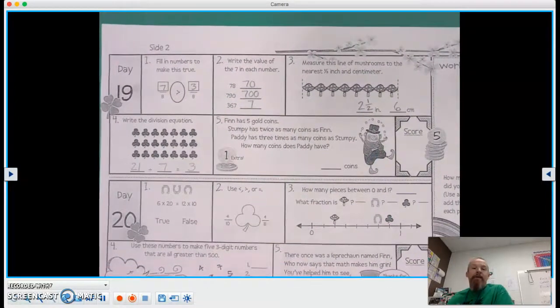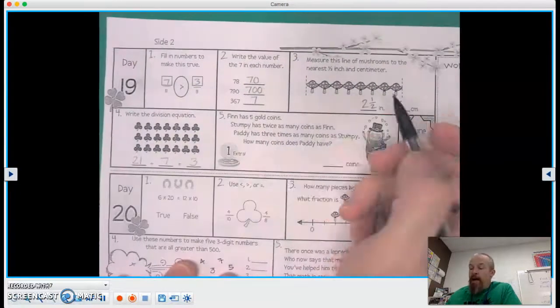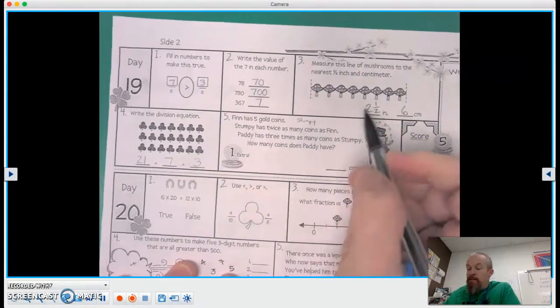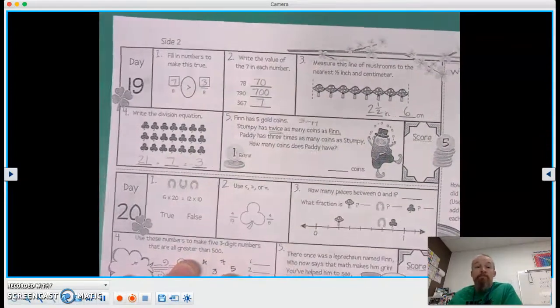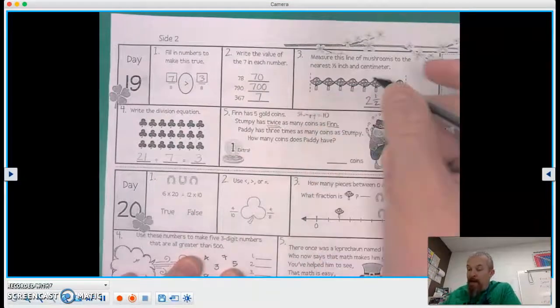And number 5, Finn has 5 gold coins. Stumpy has twice as many coins as Finn. So if Finn has 5, that means Stumpy has twice as many as Finn. So 5 times 2, because it's twice, 5 times 2 is 10. So Stumpy has 10.